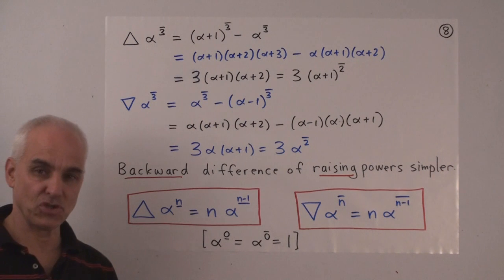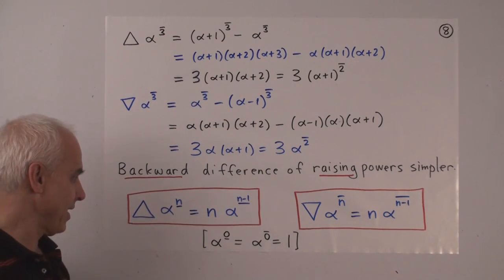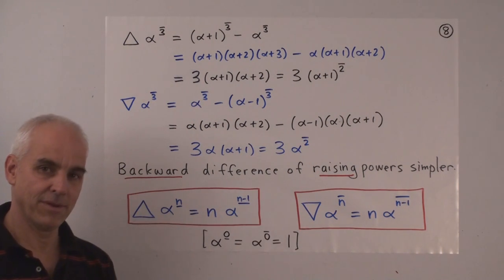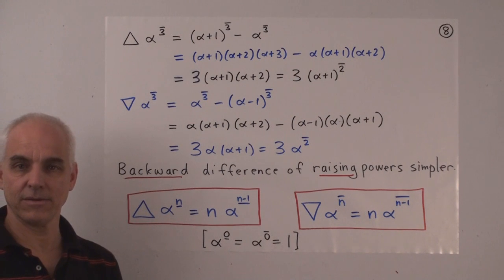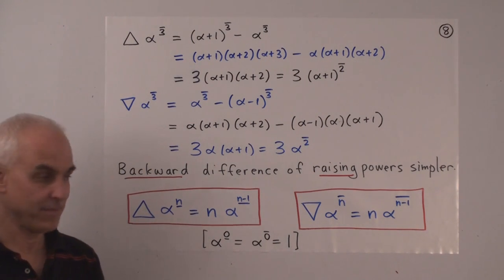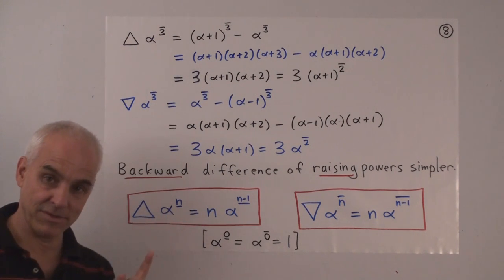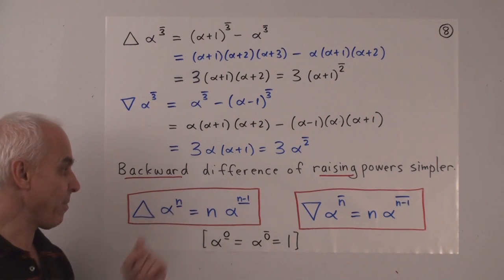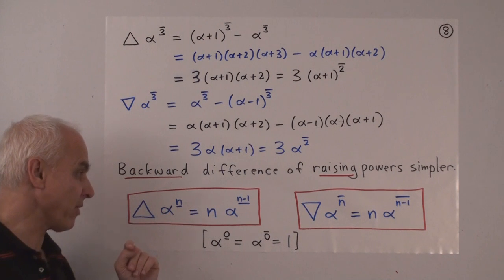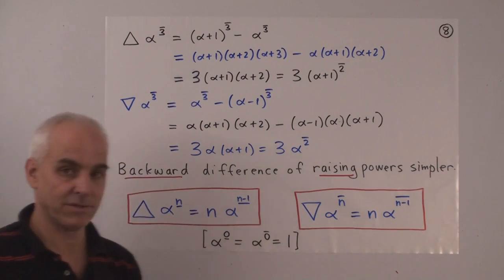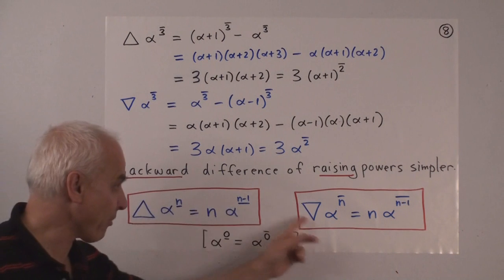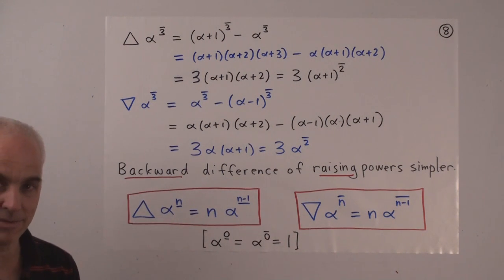So the moral of the story is that both of these operators act just like the usual derivative, except that they don't apply to ordinary powers, they apply to either lowering powers or raising powers, depending which one of these operators you're particularly interested in.